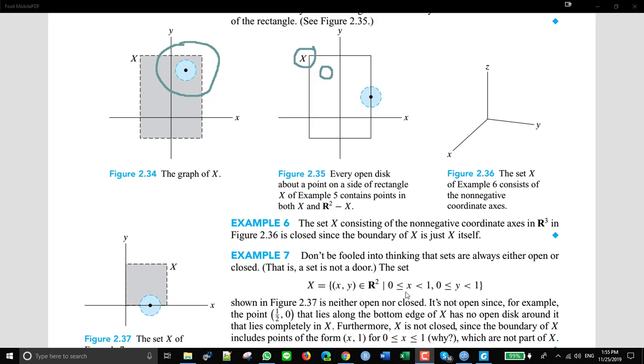Next, they say, consider this one. So what about this one? This is in R2, and here we're restricting X to be between 0 and 1, and we're restricting Y to be between 0 and 1. But if we look carefully, this says X can be equal to 0, so that means we can have any point on this y-axis, because all those points have X equal to 0.